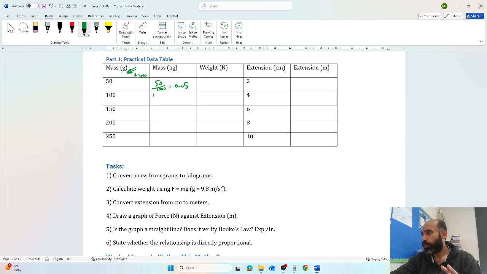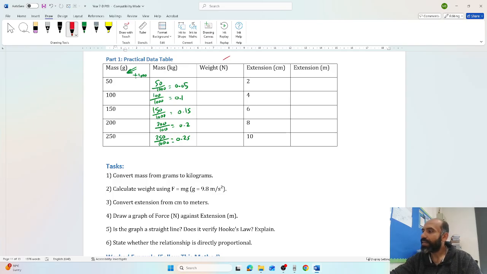It is the same. 100 divided by 1000 will be 0.1, 0.10, 0.100, the same. 150 divided by 1000 will be 0.15, 0.150, the same. 200 divided by 1000 will be 0.2, 0.20, 0.200. 250 divided by 1000 will be 0.25, 0.250, it doesn't matter.